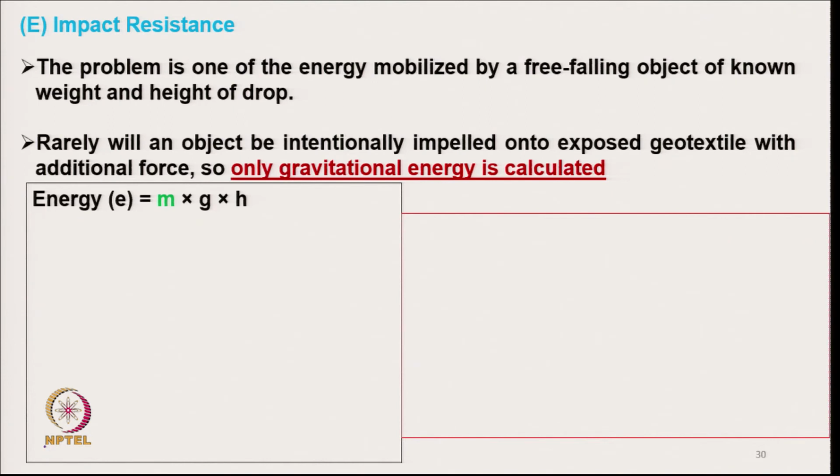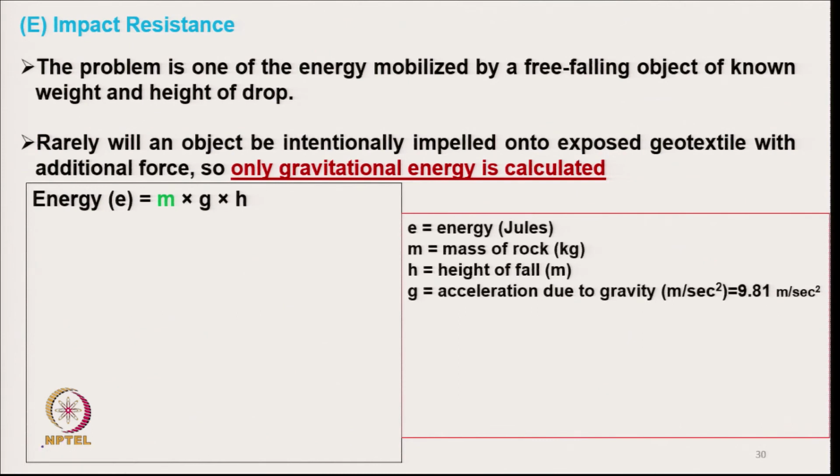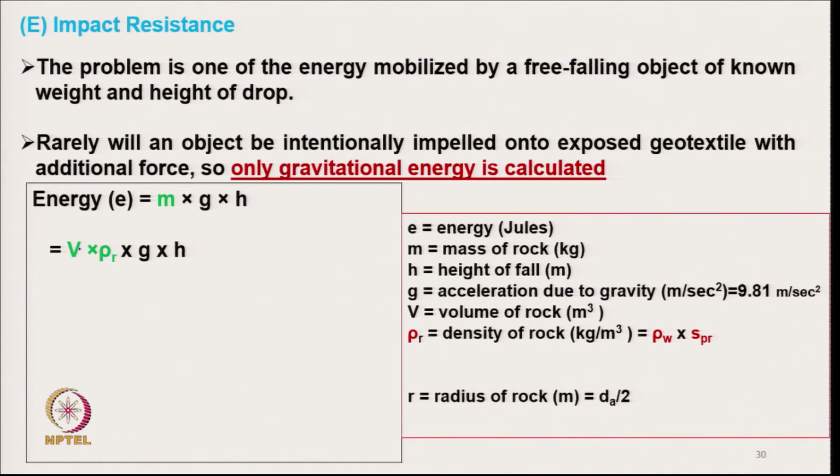So, we know the potential energy is equal to m, g and h, where E is the energy in joules, m is the mass of rock in kg, h is the height of fall in meters and g is the acceleration due to gravity, 9.81 meter per square second. Here V is the volume of the rock and rho r is the density of the rock, which is the specific gravity of rock multiplied by the density of water, and r is the radius of rock, rho w is the density of water.